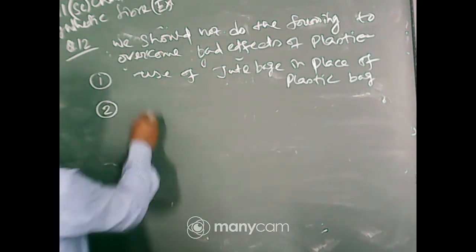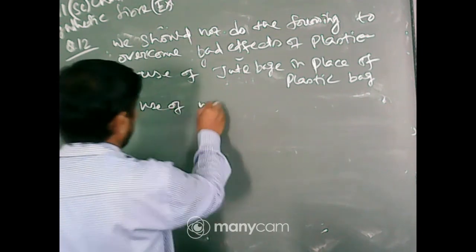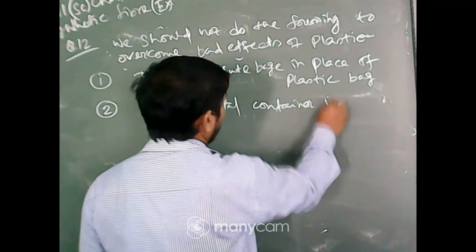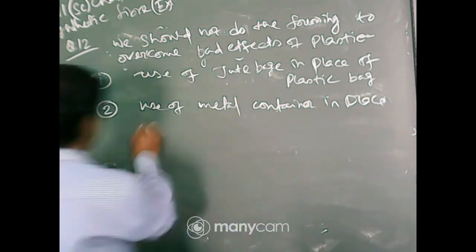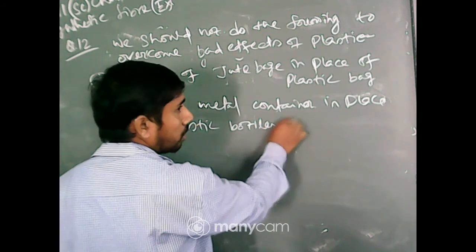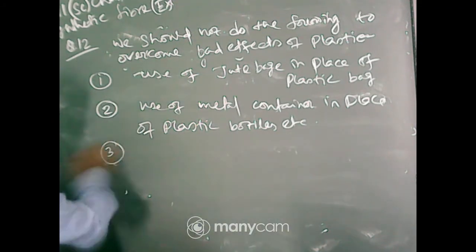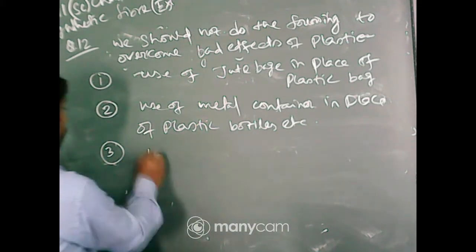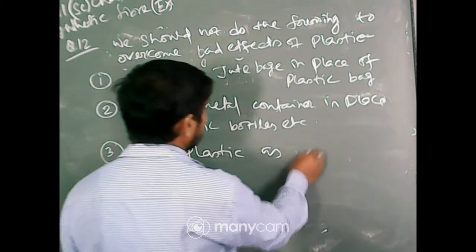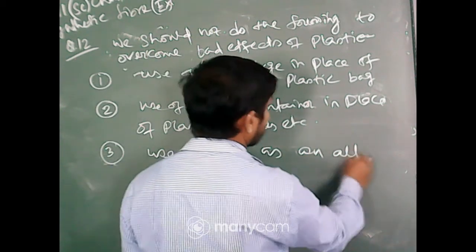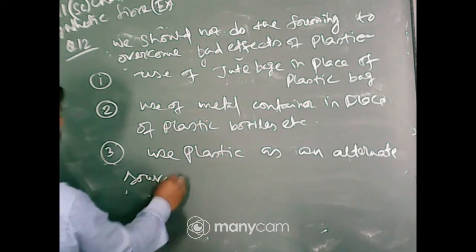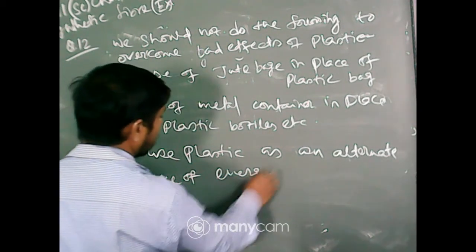Number 2, use of metal container in place of plastic bottles, etc. Number 3, use plastic as an alternate source of energy.